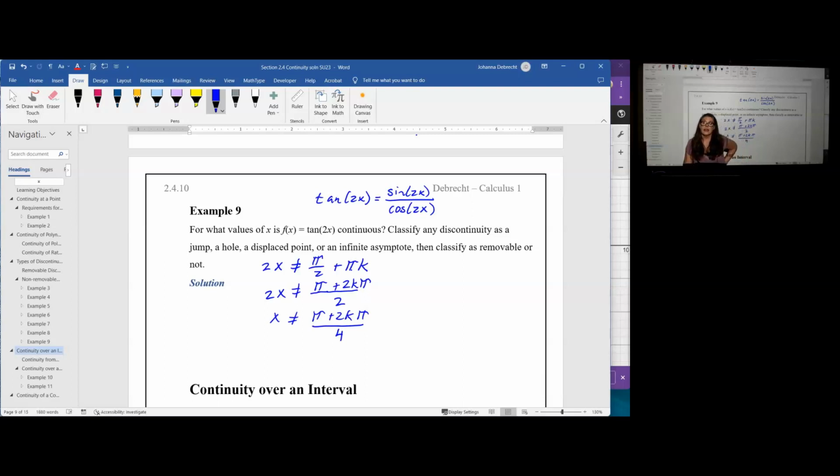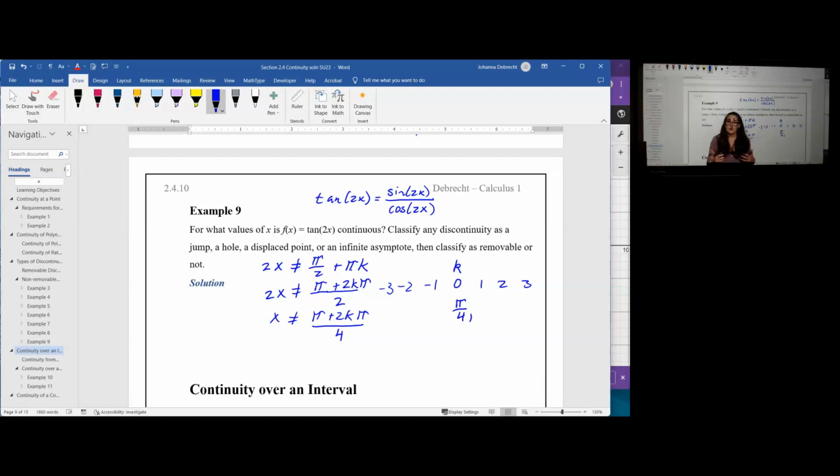All right. Now, to figure out where these values are, what I usually do is I write down what the values of k could be. K could be 0, 1, 2, 3, and so on, or -1, -2, -3, and so on. When k is 0, I get pi over 4.